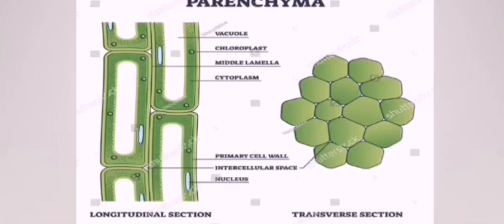Now here in the transverse section you can see that the distance between one cell to another cell is very large, especially when you see under the microscope. So they are loosely packed and have large intercellular spaces.